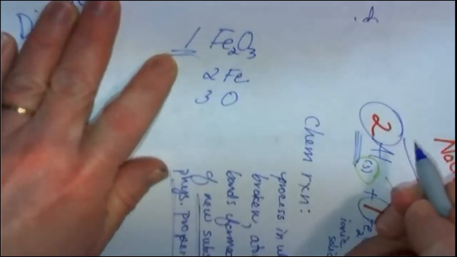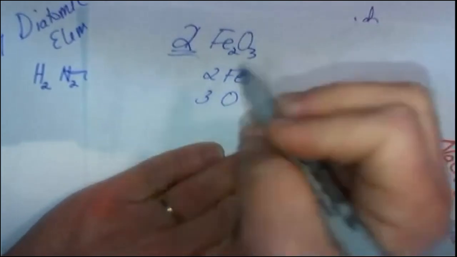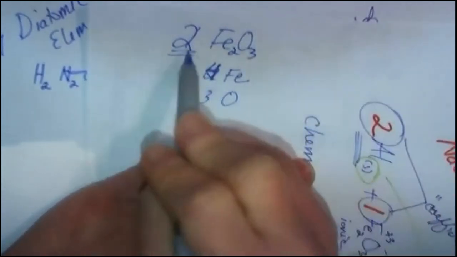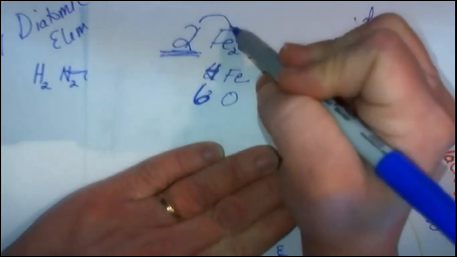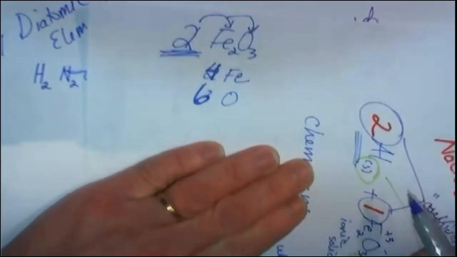With a coefficient of 1, that means I have 2 irons and 3 oxygen. But if this changes to a 2, then I have 4 irons and 6 oxygen. So the coefficient multiplies the subscripts. And it doesn't just apply to one, it applies to all the elements.